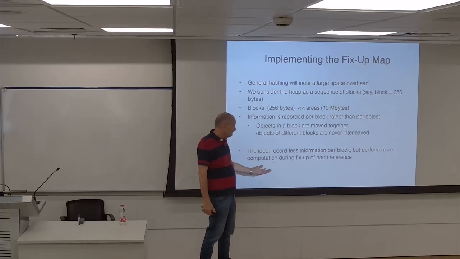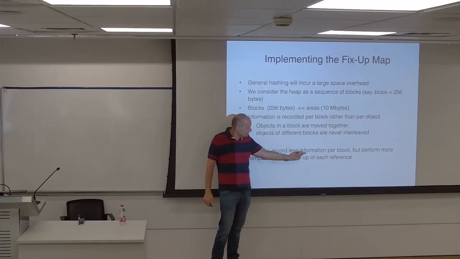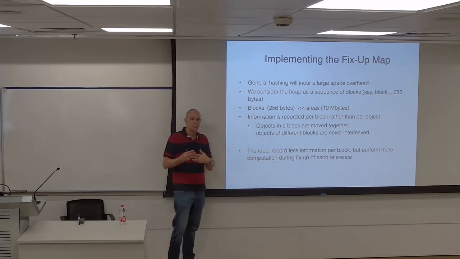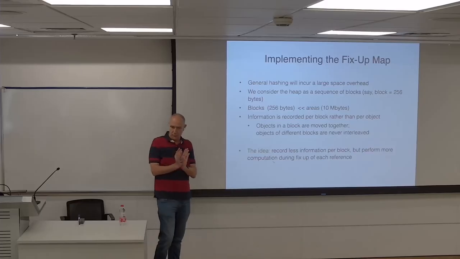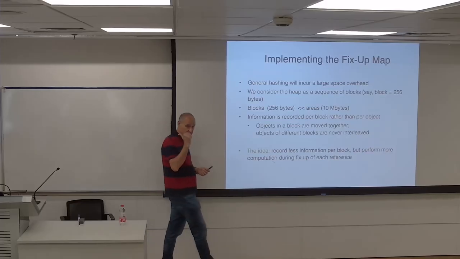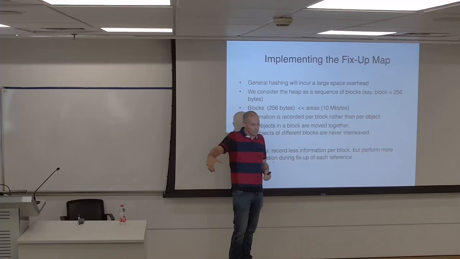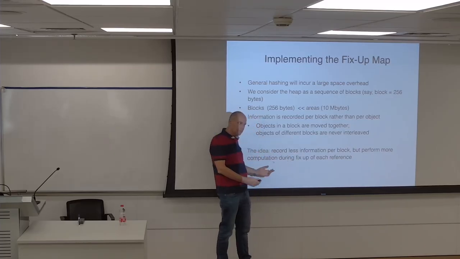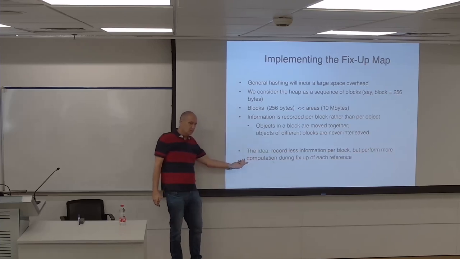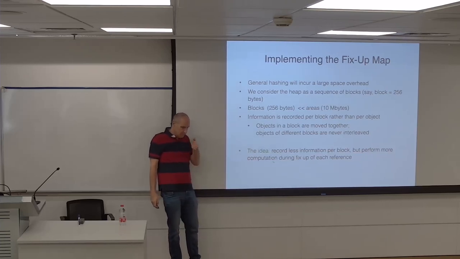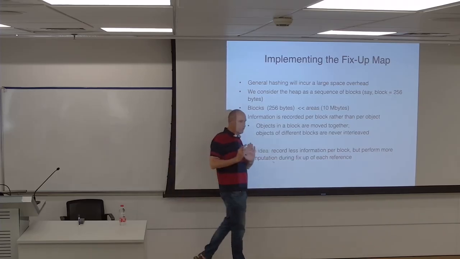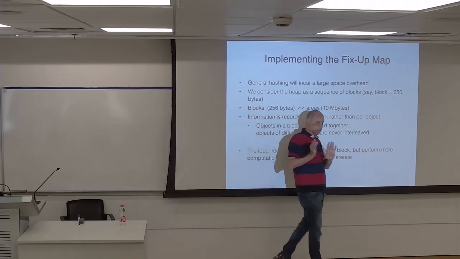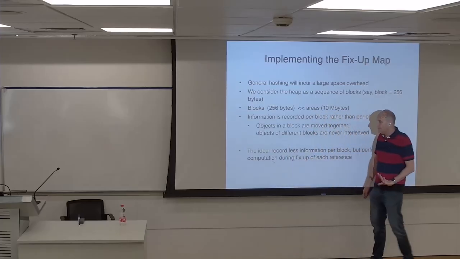So I'm going to record less information per block, but I have to do some computation to find where each object moves. In the hash function that we thought of, I have an old address, I go to the hash function, I get the new address. Here, I know where the block moves, but inside the block there are several objects, and I will have to work a little bit to understand where each object moved within the block.